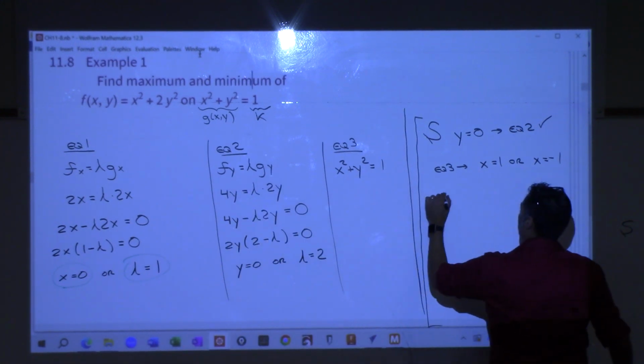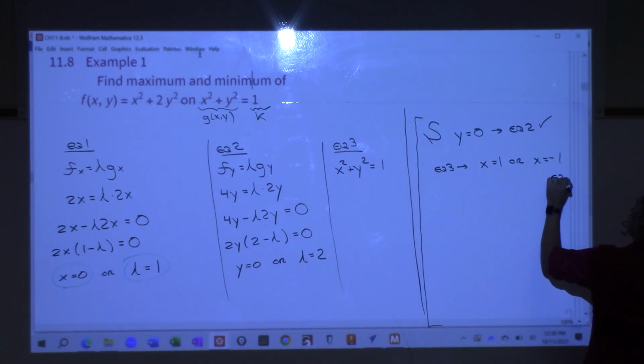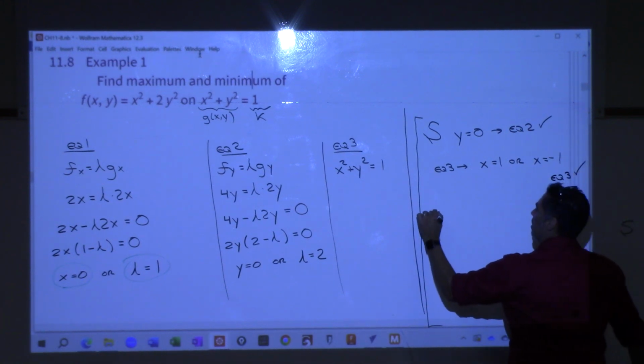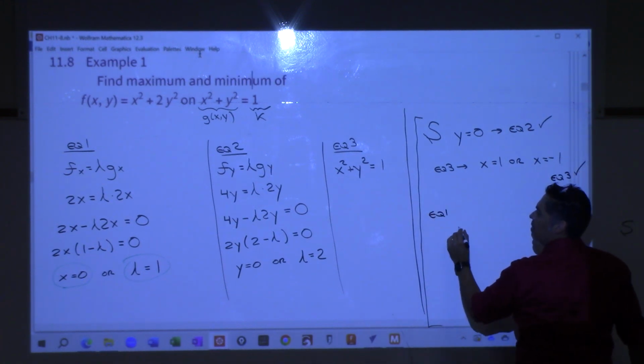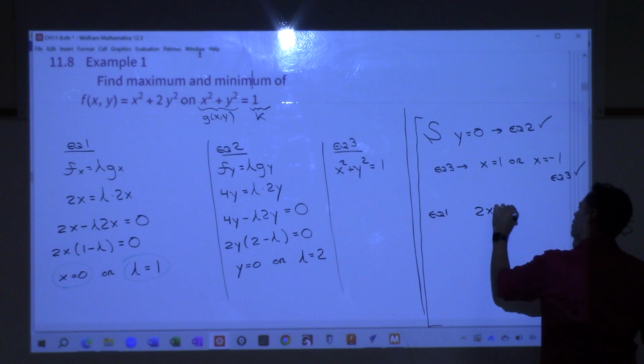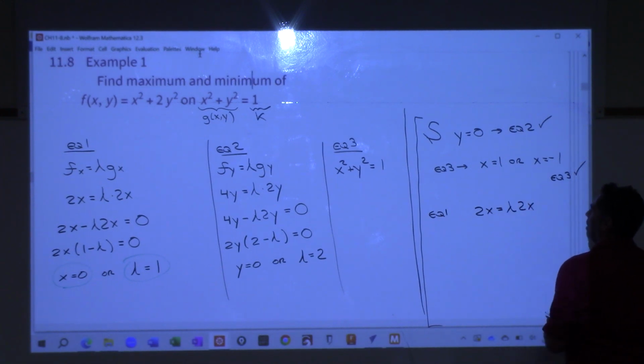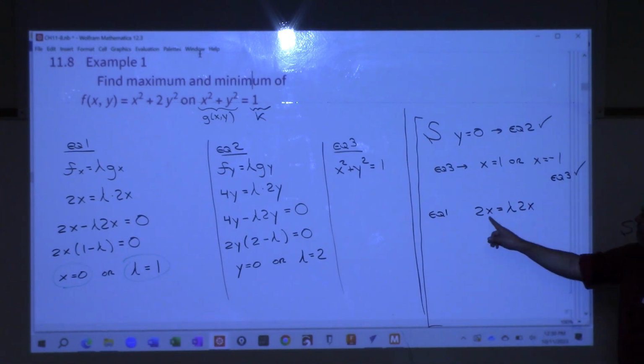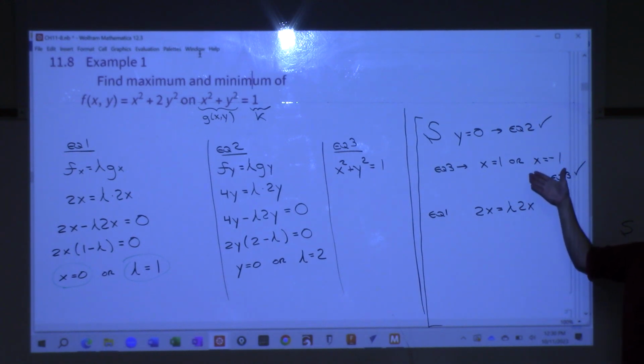So equation 3 is good. And now equation 1 becomes 2x equals lambda times 2x. Can I divide both sides here by 2x? No. Not normally, no, right? Normally, hell no. But what if I just said that x is 1 or negative 1?